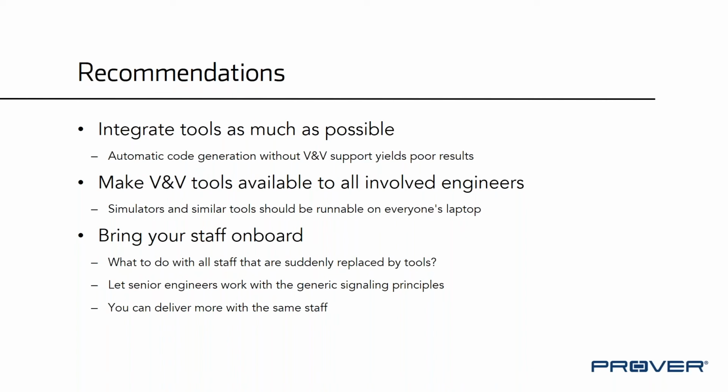If you try to do some code generation without good V&V support, like simulation and formal verification, experience tells us that the result is often poor because you don't discover errors until very late in the process.